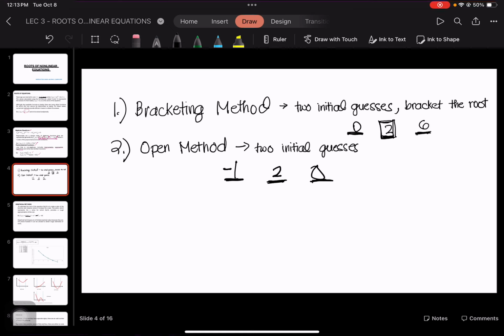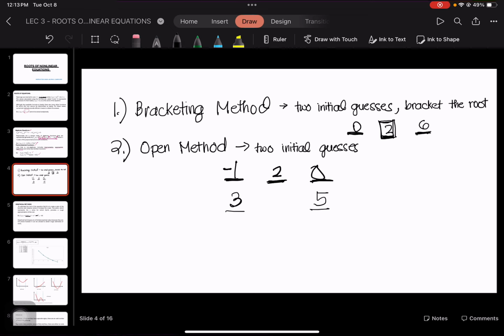O di kaya, 3 and 5. So, itong 3 and 5, initial guesses but does not bracket the root. So, yun yung overview ng dalawang method na yan.